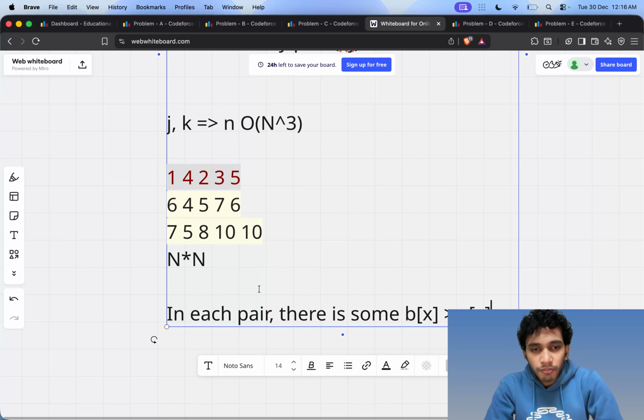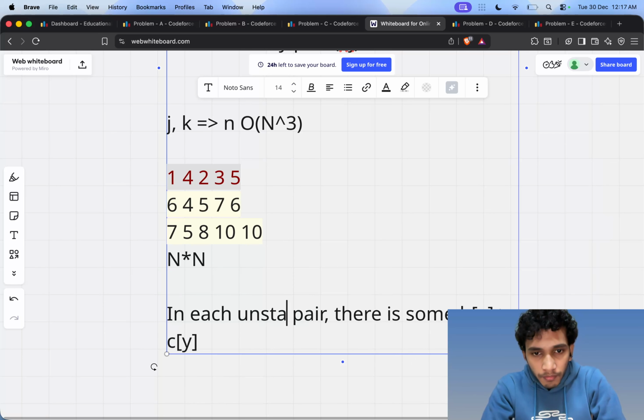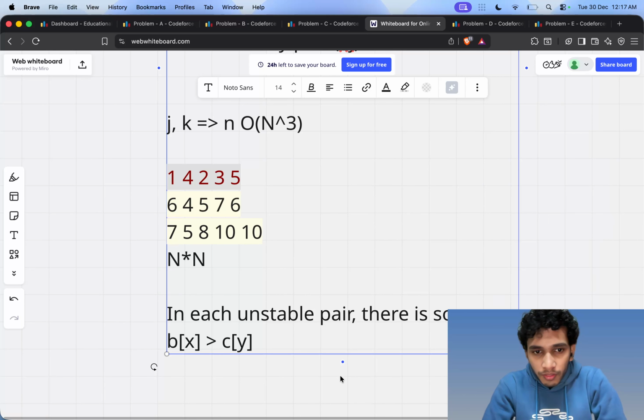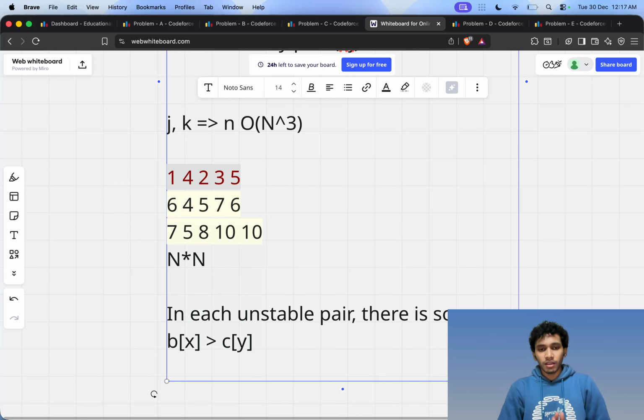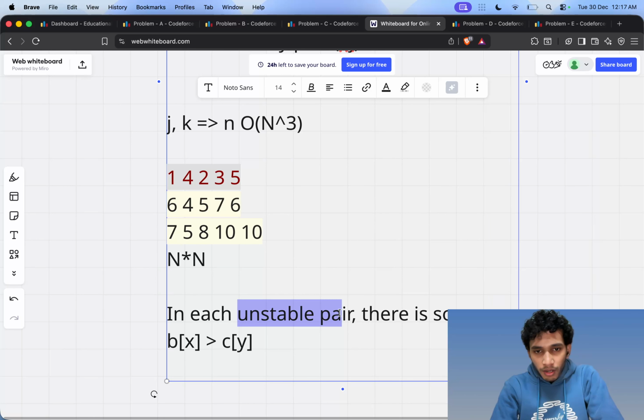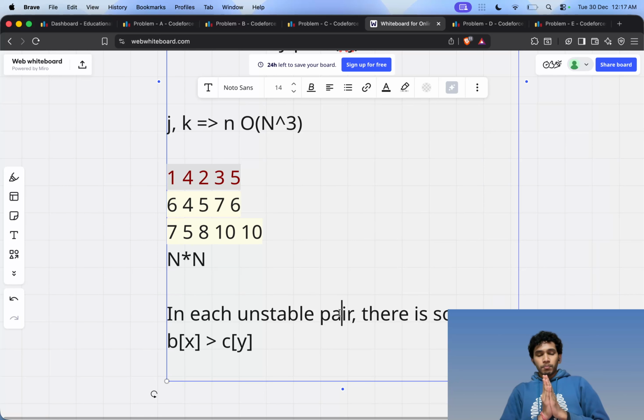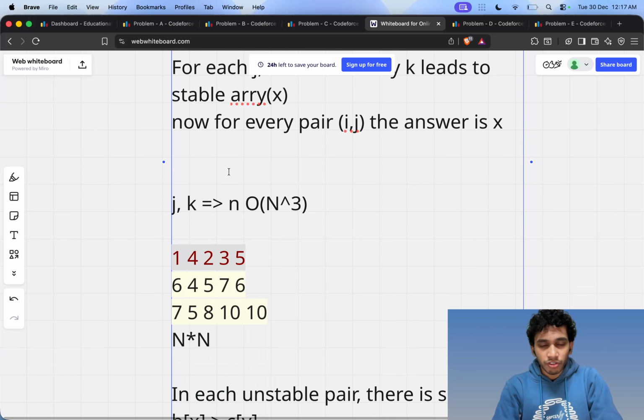So in each unstable pair, there is some bx greater than cy, and the word some means that there can be more than one. So how do we define some unstable pairs? This particular unstable pair will remove these possible scenarios from our choices of pairs.